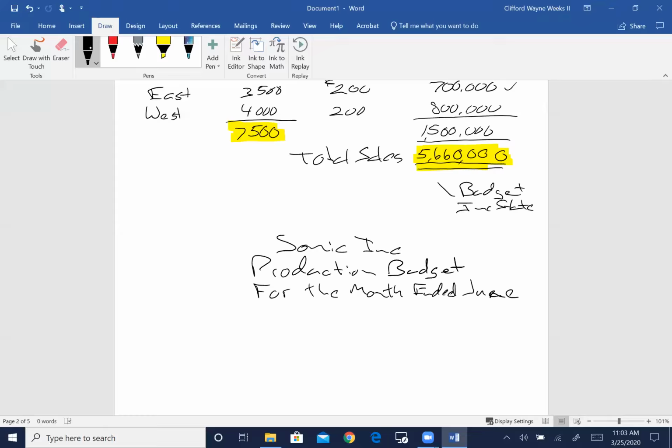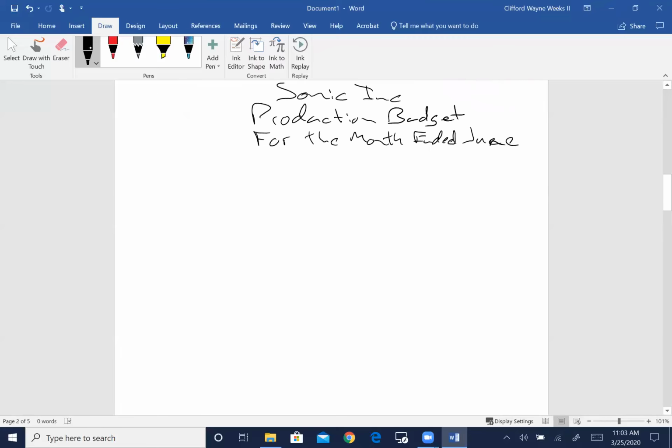With the production budget, as far as setting this up, we want to set it up the way you're going to see it on the exam. We're going to put these in order of product. So we're going to have the Rumble and we're going to have Thunder.